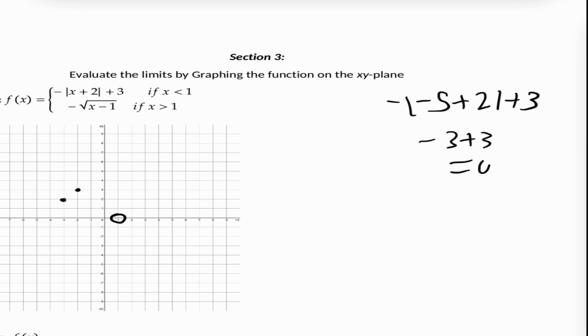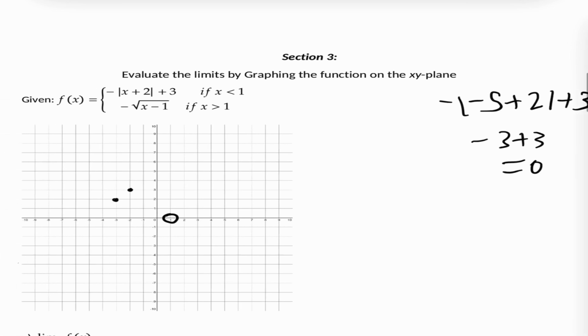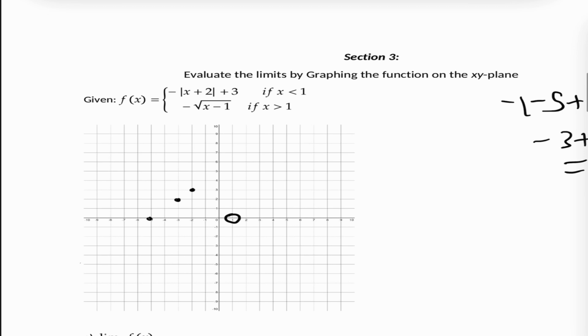This will be 0, so there'll be a point at -5, 0. Now, from this, you can already see that there's a pattern, and this will be the line for our first equation.